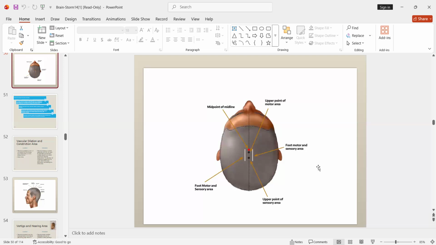What is the location? From the midpoint, 3.7 centimeter anterior, then 2 centimeter lateral. A 4 centimeter straight line for emotional and split area.